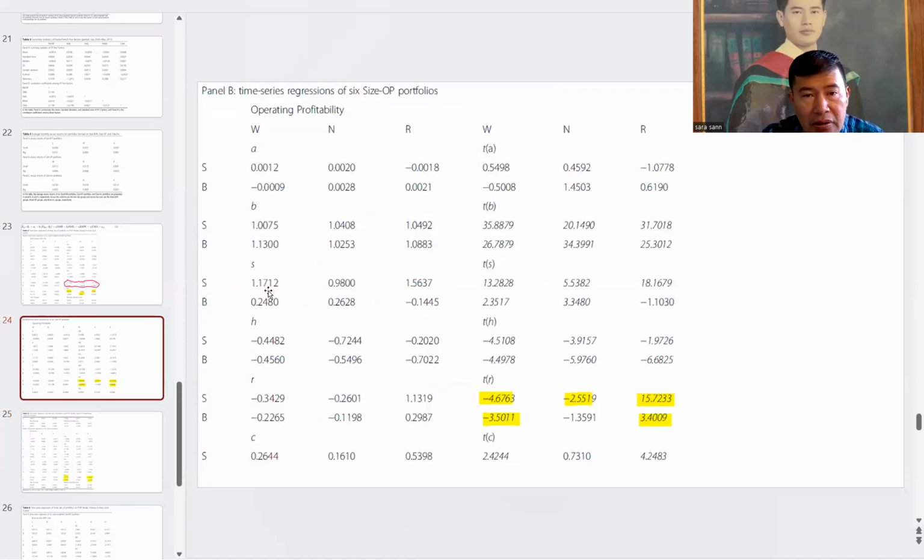Okay, look at this one more time. This is the relation between return on investment, the return on operating itself, a return on investment to any size to operating profitability.